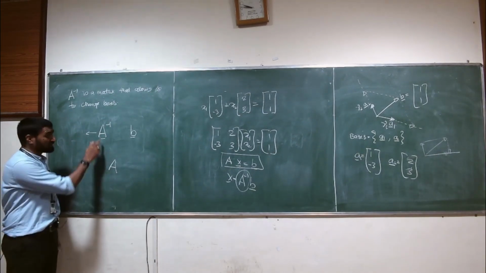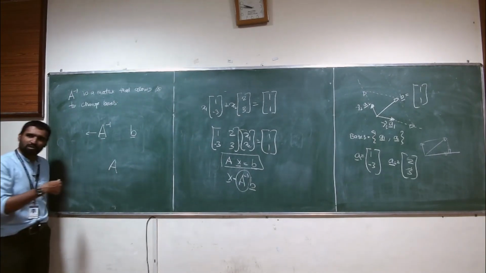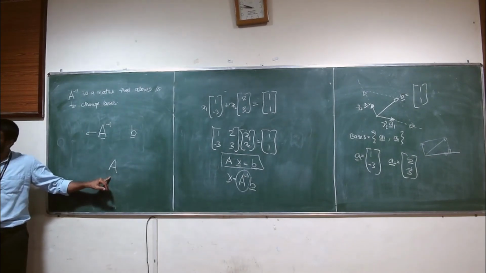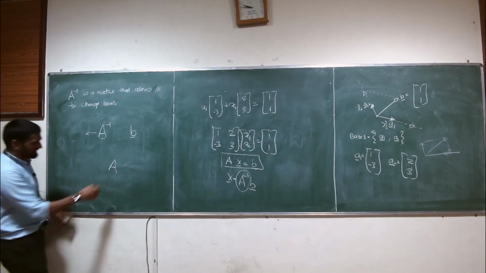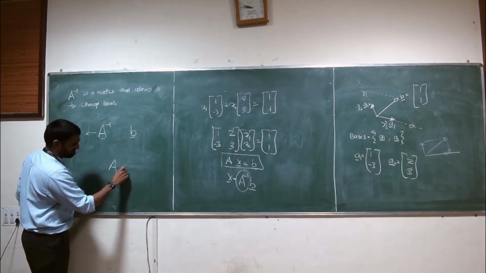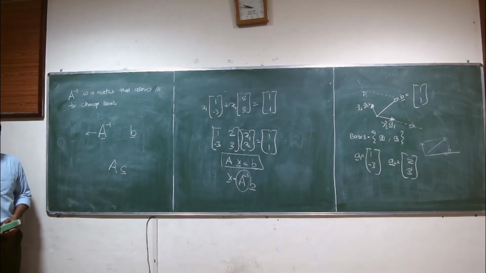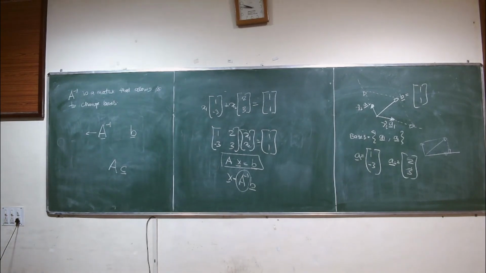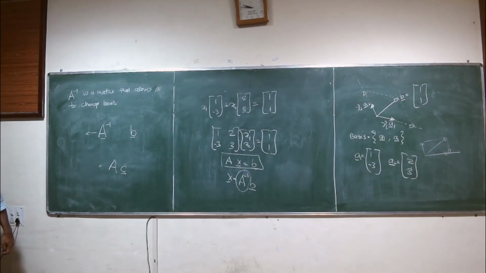Because A is the inverse of A inverse. In that view, is A also a matrix that allows me to change basis? If so, what basis do I change to? Let's say I get another vector, C. It allows me to change to the standard basis, is it? No.